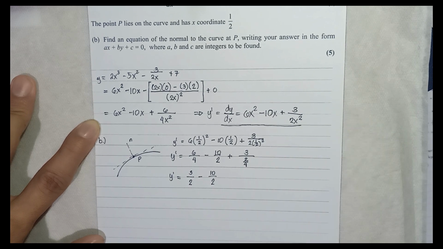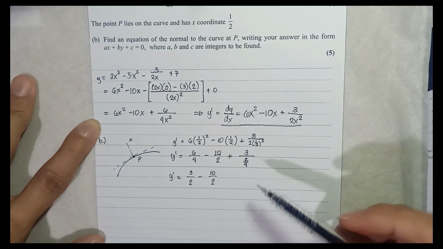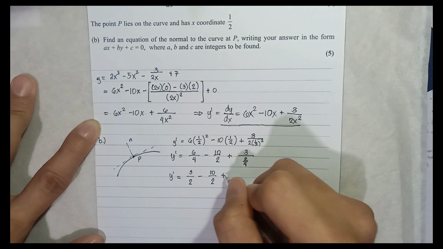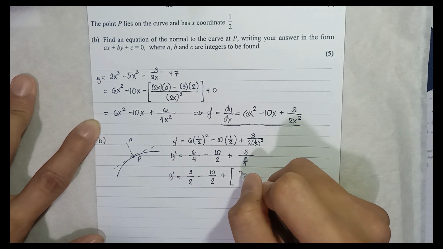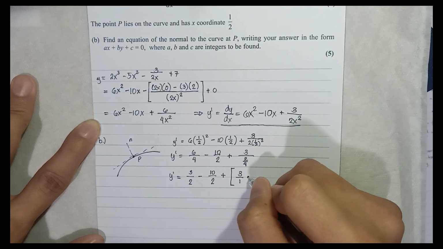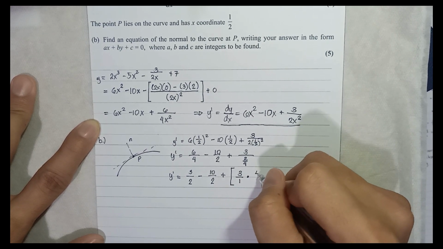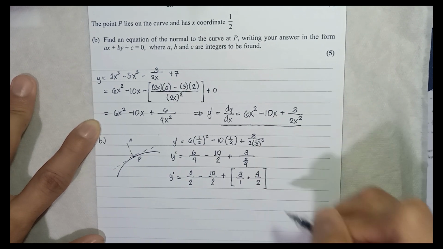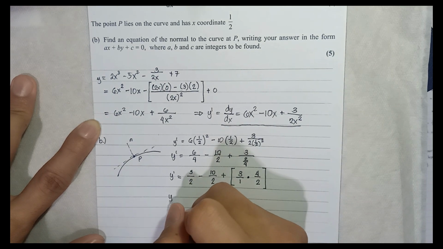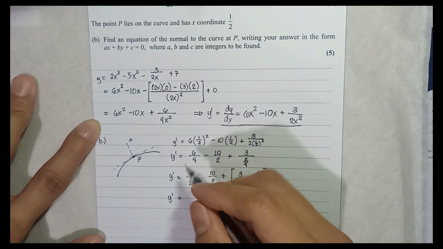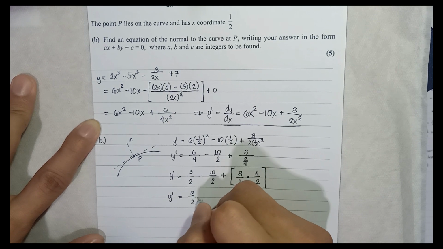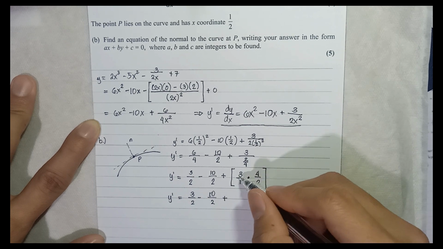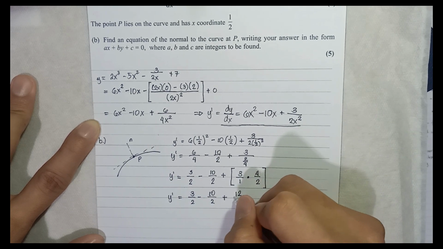And then here, how do we simplify a complex fraction? We get the reciprocal of the denominator and multiply it to the numerator, which gives us, let's show that step, 3 over 1 is the numerator times the reciprocal of 2 over 4, that will be 4 over 2. So this gives us y prime equals 3 over 2 minus 10 over 2 plus, this gives us 3 times 4, that's 12 over 2.